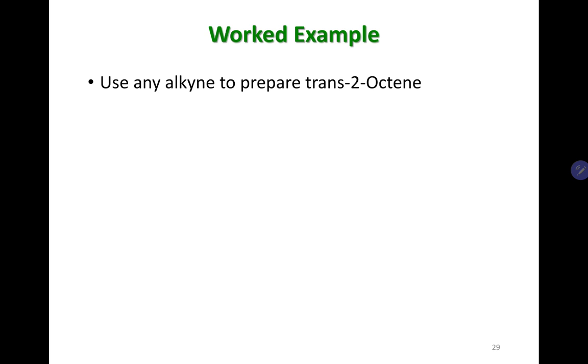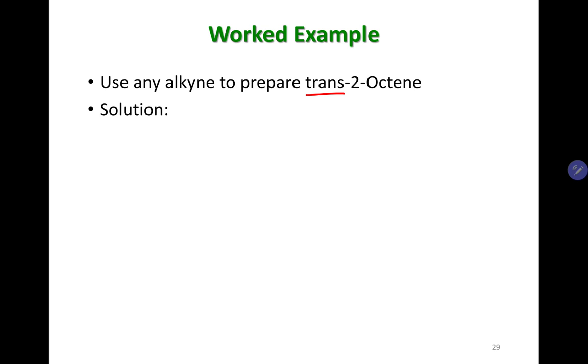All right. So in here, what we have to prepare is a trans alkene. If you want a trans alkene, you can start with an alkyne, and then you can treat the alkyne with liquid ammonia and a metal like lithium or sodium.